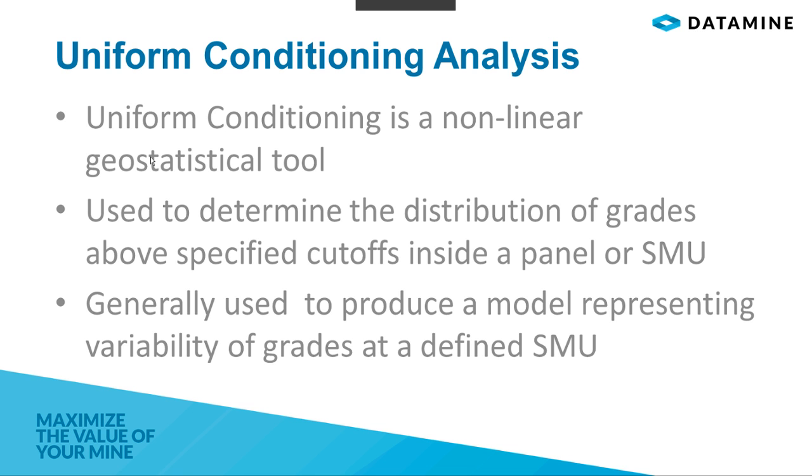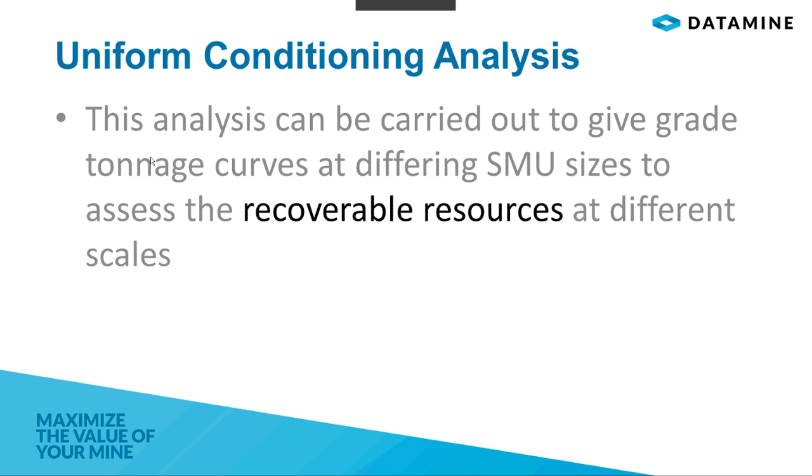It's generally used to produce a model that represents the variability of grades at a defined SMU. We generally carry out the analysis to give grade tonnage curves at a range of different SMU sizes, which is good because this allows the assessment of recoverable resources at different scales.